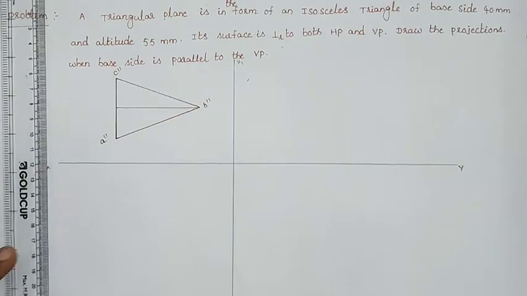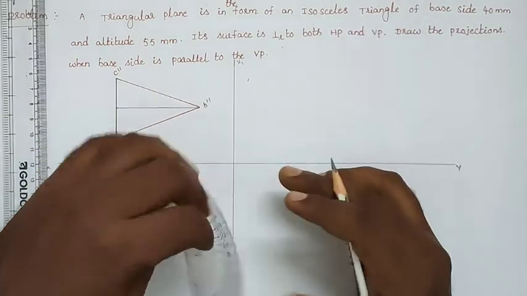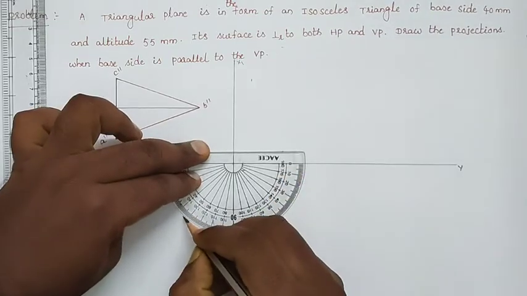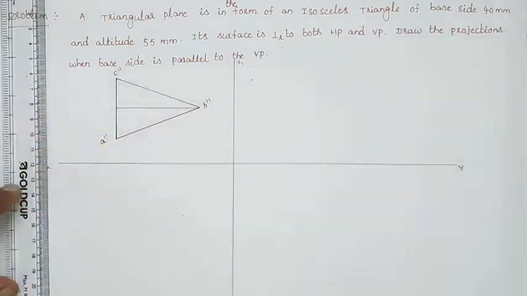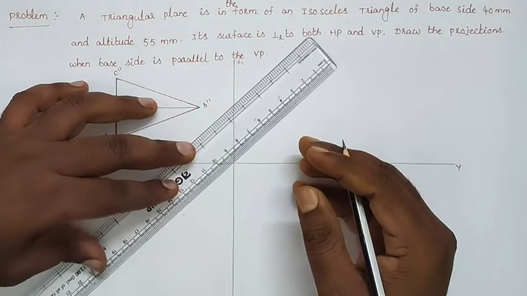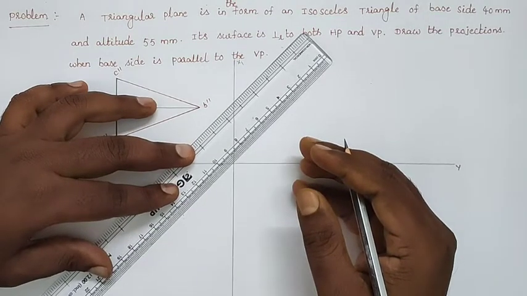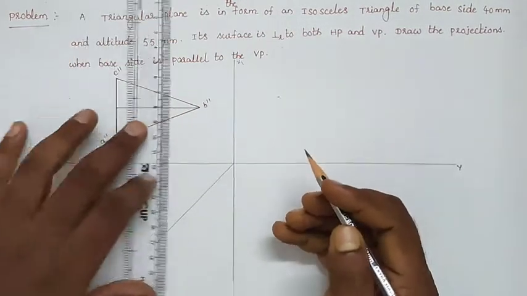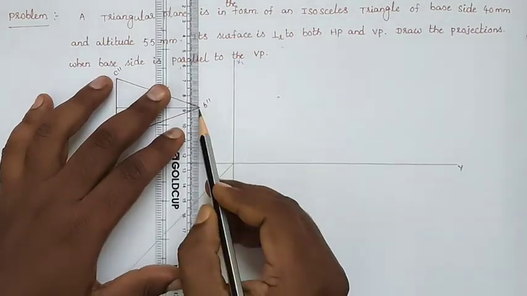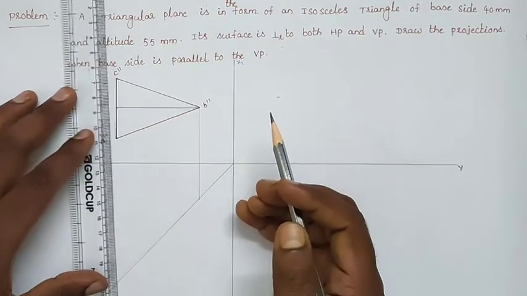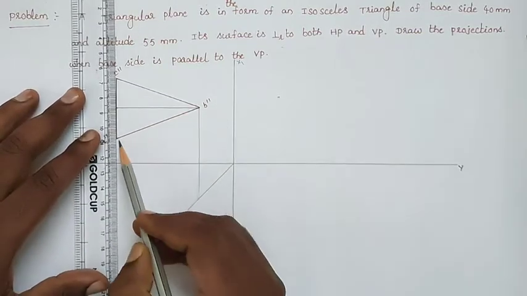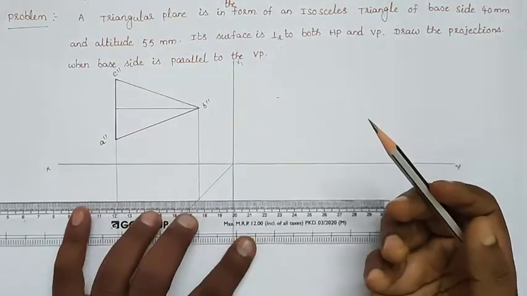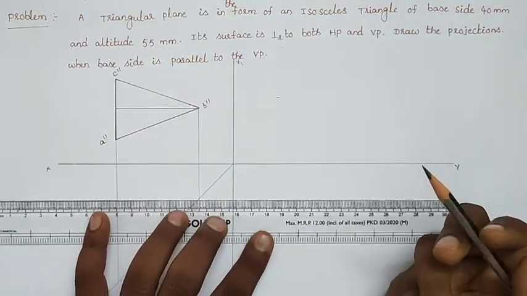Now from the intersecting point of XY and X1Y1, we will draw the miter line at an angle of 45 degrees. Now from the points on the side view, we will draw the vertical projection lines up to the miter line, and from there we will draw the horizontal projection lines.